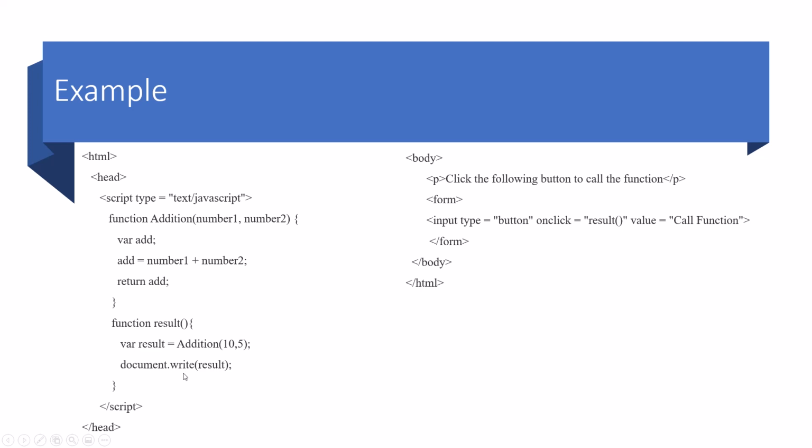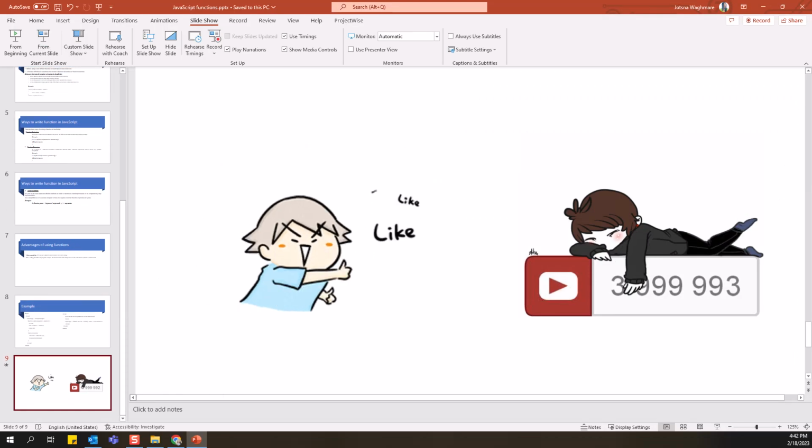This is the basic script for adding two numbers. To use it we have a UI with one input-type button, where by clicking it we call the addition function. We will see how it works.